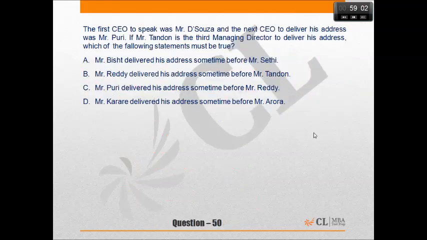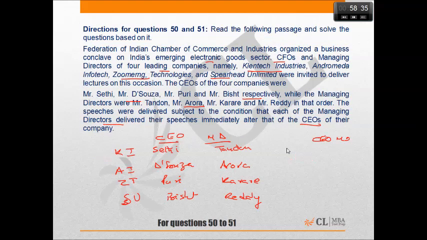The first CEO to speak was D'Souza, and the next CEO was Puri. Tandon is the third managing director to deliver the address. Which of the following must be true? So D'Souza, who's the MD for D'Souza?